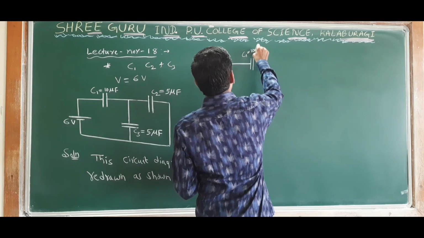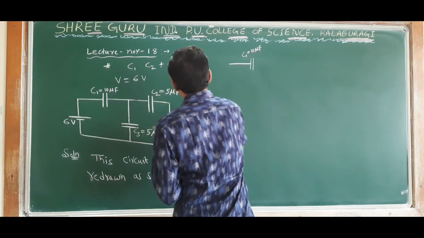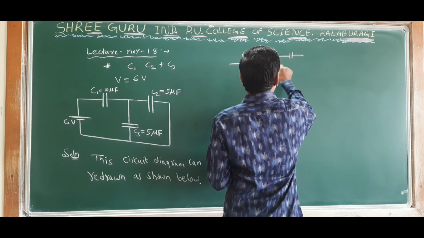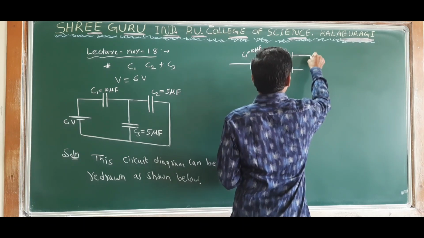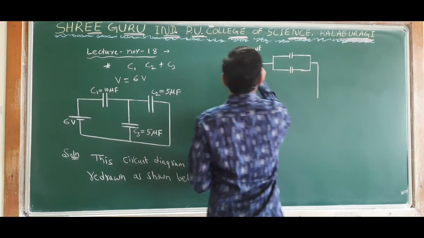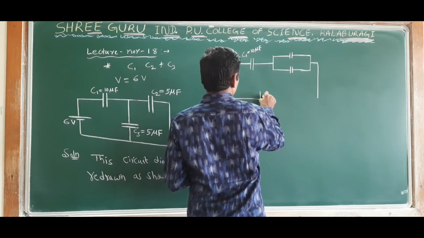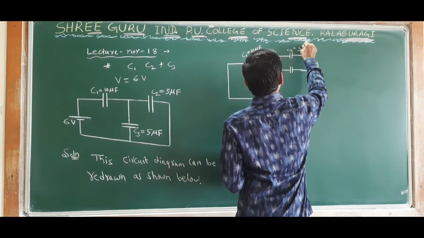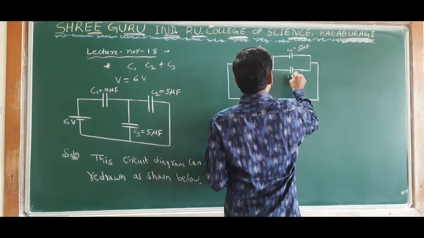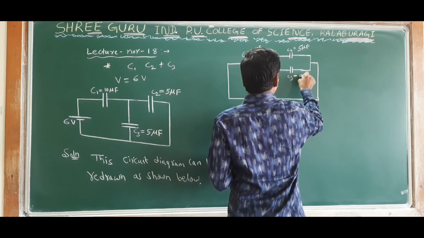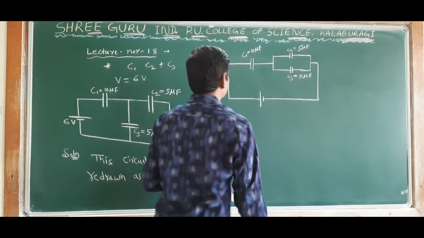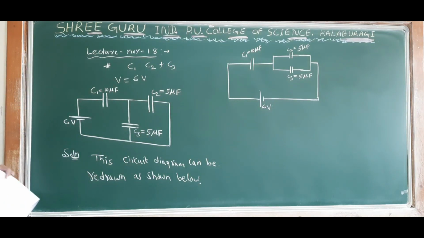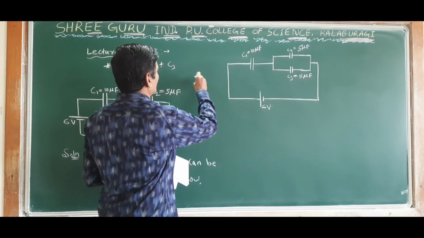C1 is equal to 10 microfarad. C2 and C3 both together are connected to a battery. This is C2, 5 microfarad, and this is C3, 5 microfarad. This is the 6 volt battery. The same diagram only I changed. This diagram is the same as that diagram.